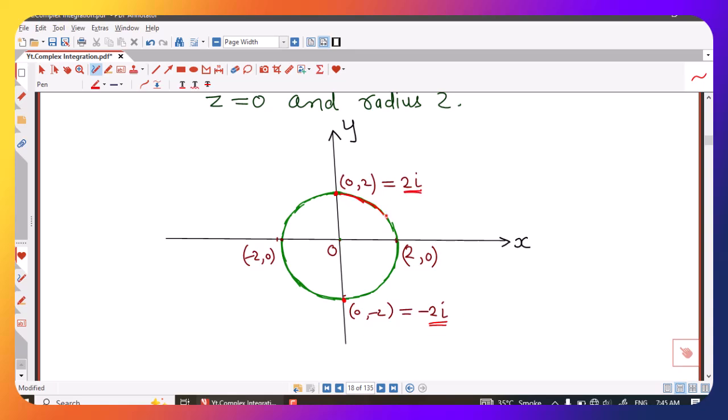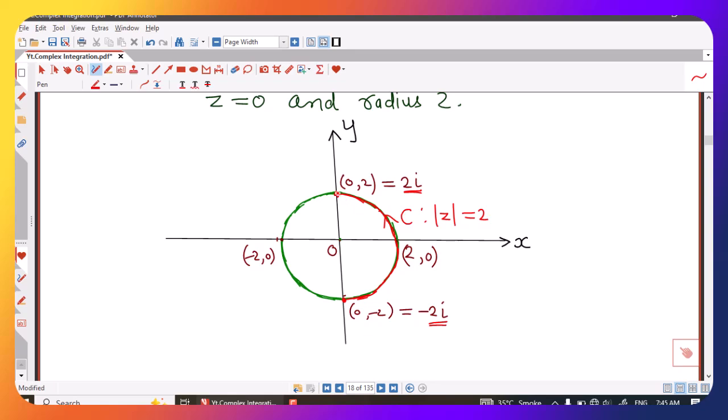We have to integrate along this part of the circle. This is the right half of the circle and this part is the left half of the circle, and our contour is the right half of the circle, which is mod z equal to 2. So this is our contour.